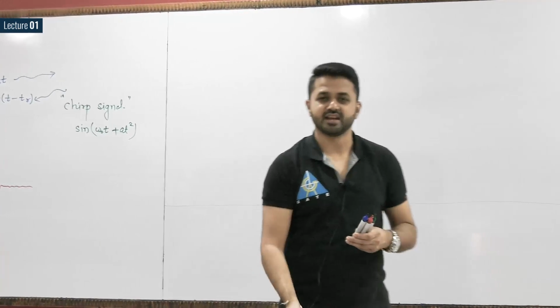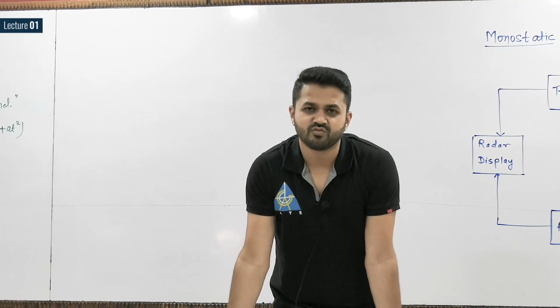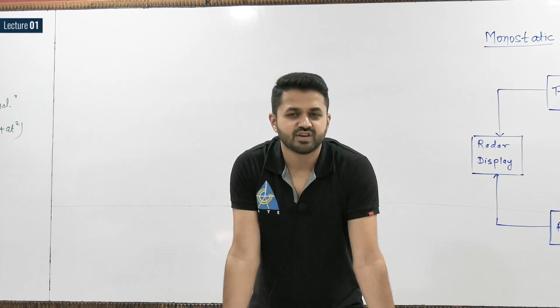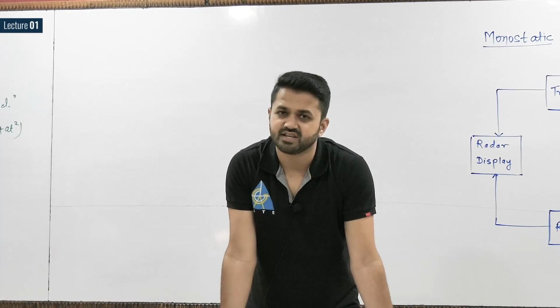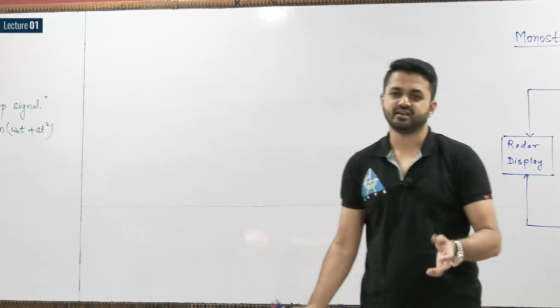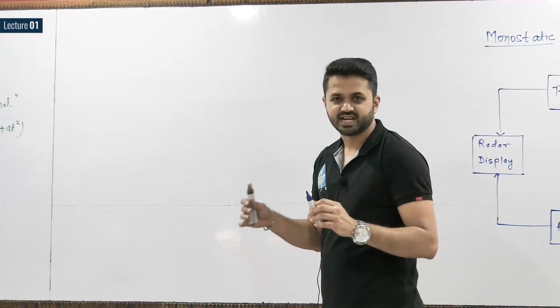It may be asked in GATE as well, because there may be a matching list question, where on one side the band name is given and on the other side the frequency range of the band. So what are the different frequencies which can be used in the radar system?